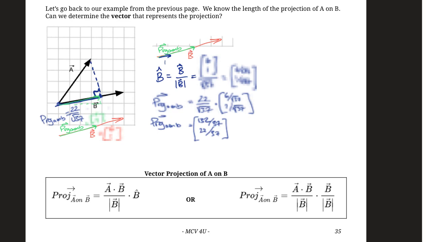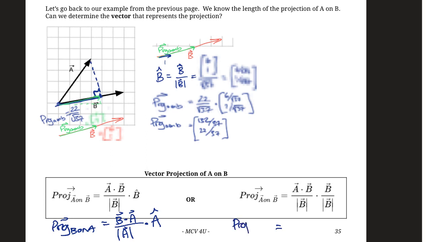But if we, for example, were projecting B on A, notice how those things have to flip around, right? The dot product doesn't, because A dot B and B dot A is the same thing. But if we wanted to swap it around, we could swap around everything. This is going to be over A times the unit vector of A, if we were flipping it around.